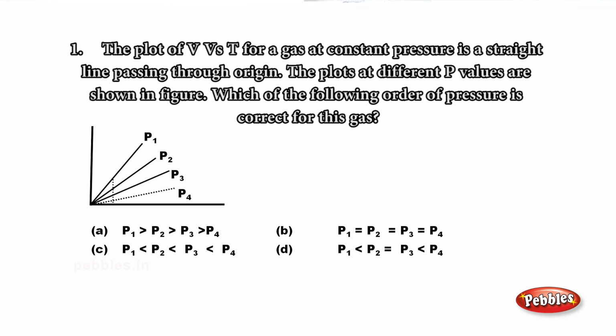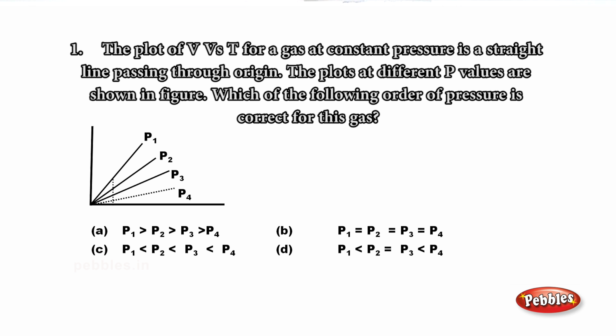The question reads as: the plot, meaning graph, of volume versus temperature for a gas at constant pressure is a straight line passing through the origin. Now it is written in a condensed manner.